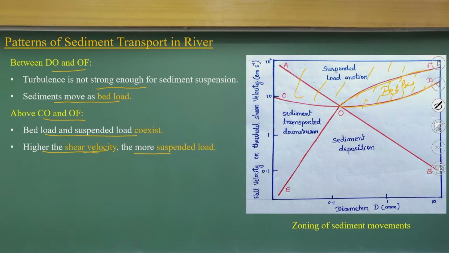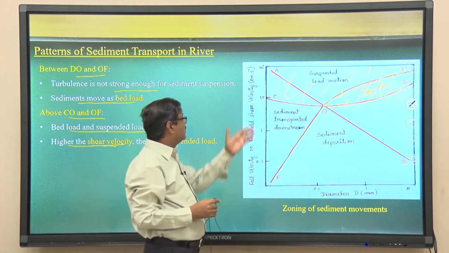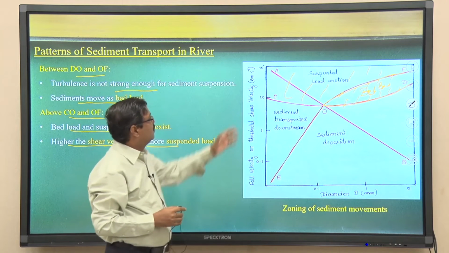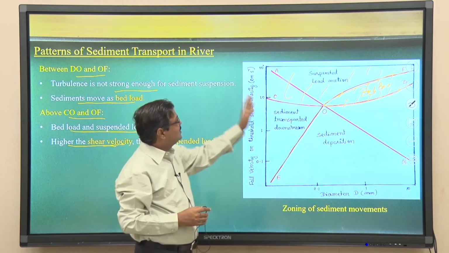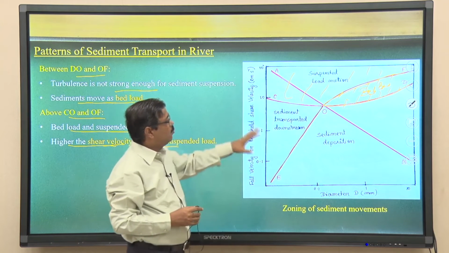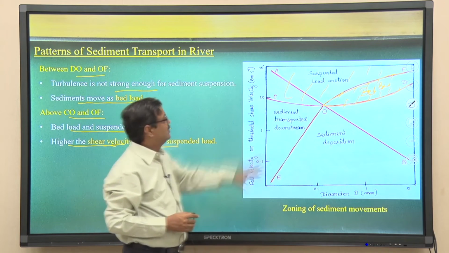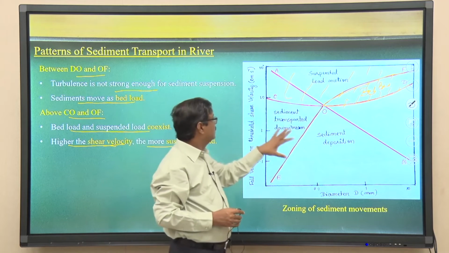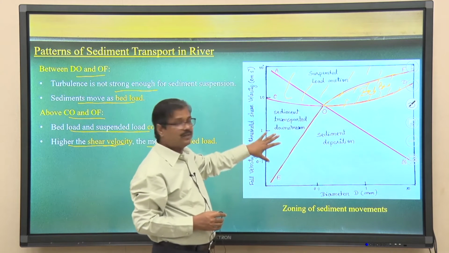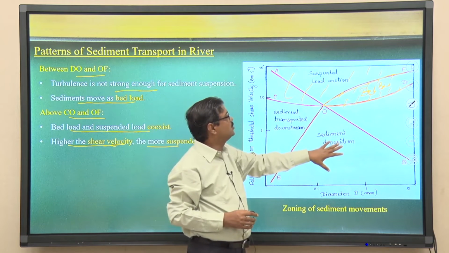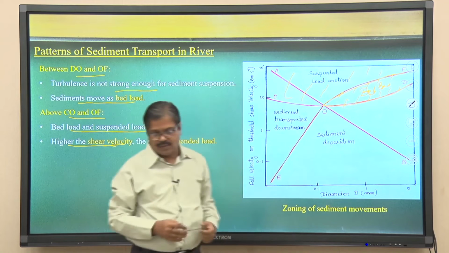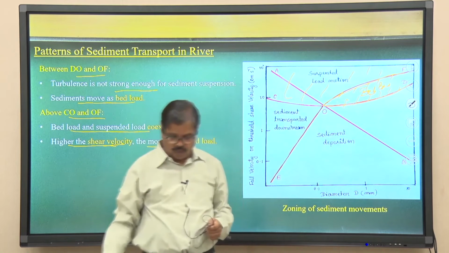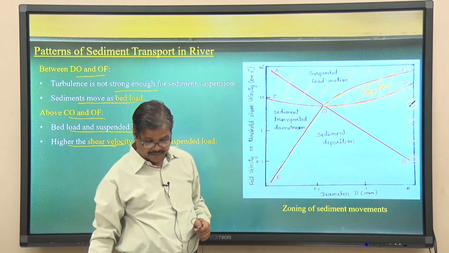If I plot the diameters against the fall velocity or threshold shear velocities, in centimeters per second, it clearly indicates four zones: the suspended load zone, the sediment transport downstream zone, the sediment deposition zone and the bed load zone. Here, both suspended and bed load combinations can happen.